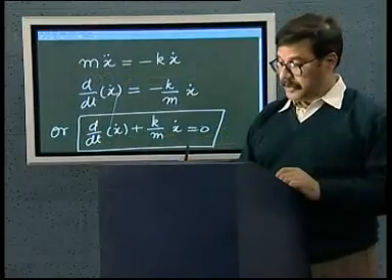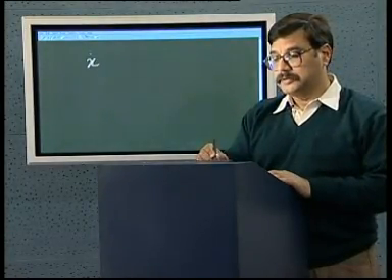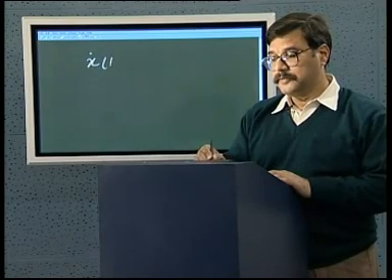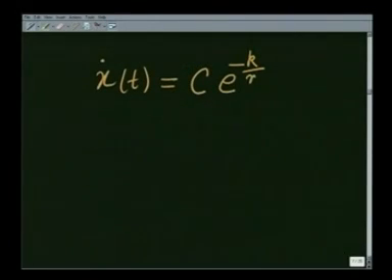You can check by direct substitution that the solution is going to be x dot as a function of time equal to some constant c e raised to minus k over m t. What is c? Let us write x dot at t equal to 0, that is the initial time.